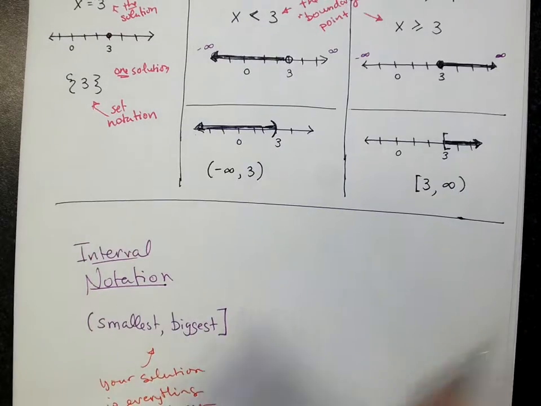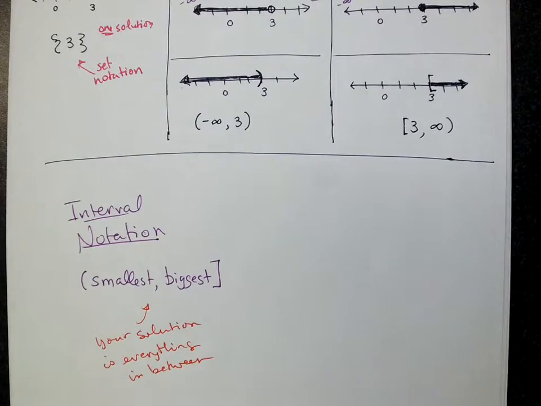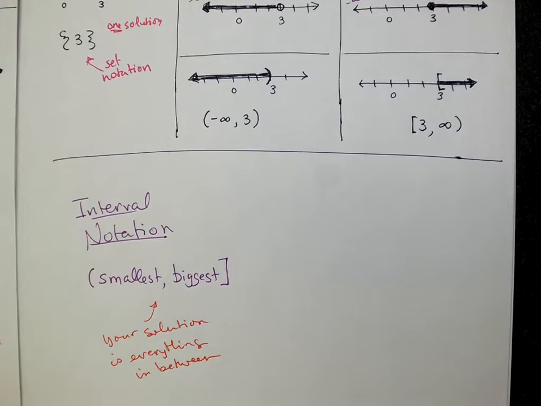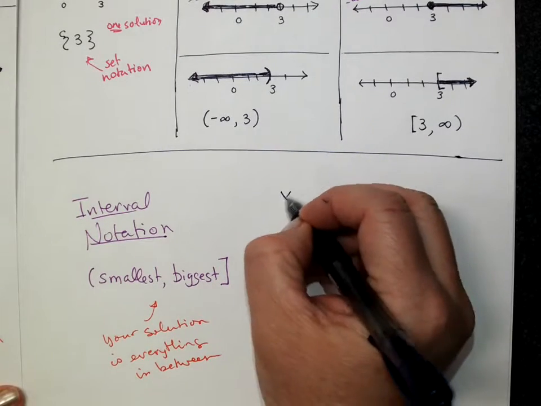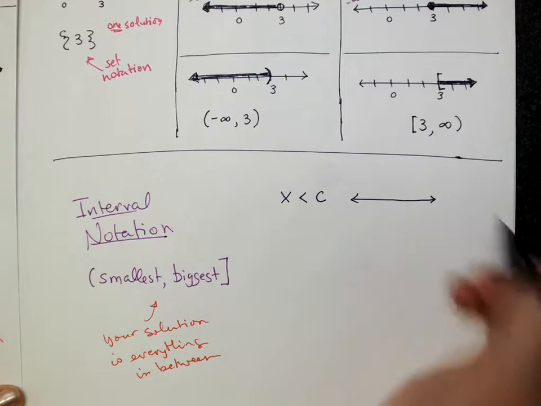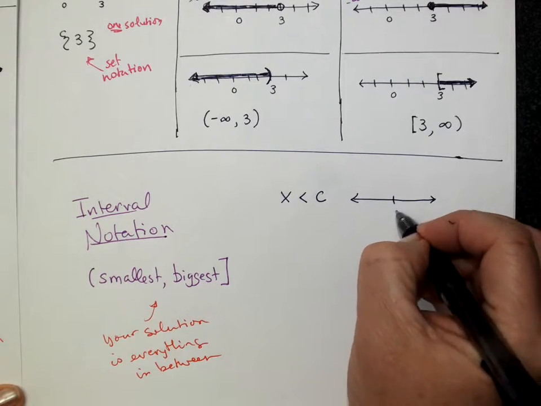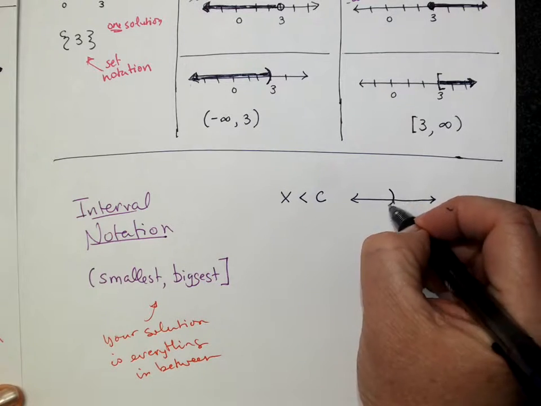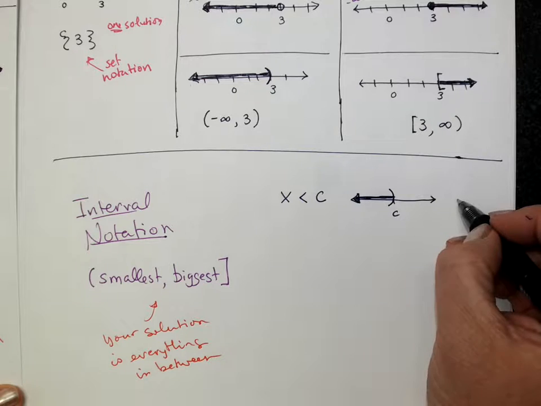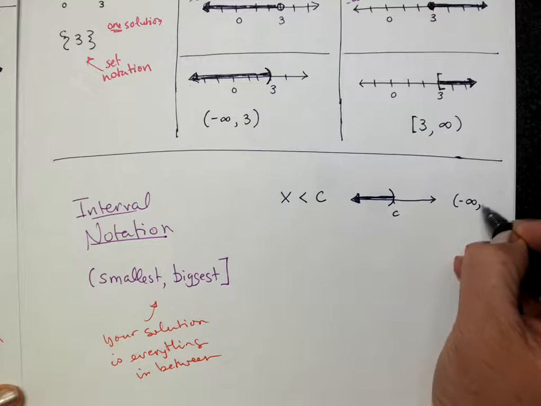Okay, so your basic setup looks like this. There's 4 possibilities. If you have x less than a number, we'll call that number c, then wherever that is on the number line will be a soft parenthesis pointing down the number line, and in interval notation it is negative infinity, comma, c.